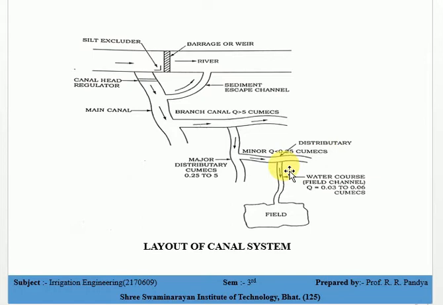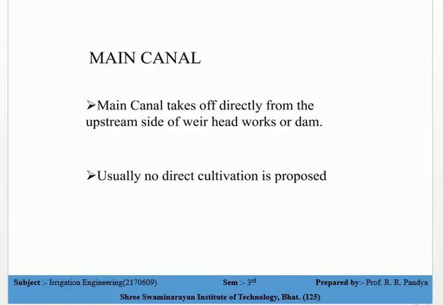These minor distributaries have many water courses or laterals which are connected directly to the field. It is the region where you want this water to cultivate crops or irrigate the land. So this is the simple layout of the canal distribution system, how it works, as you can see in the figure.